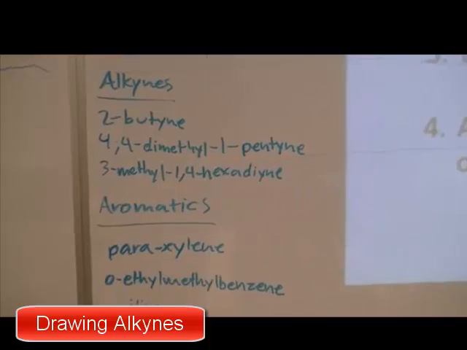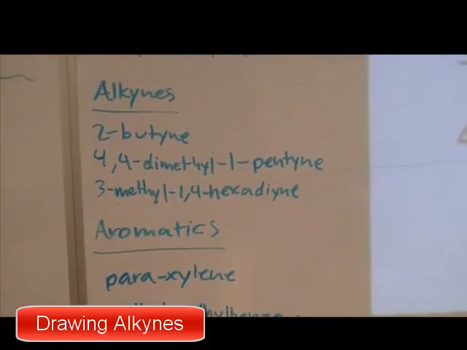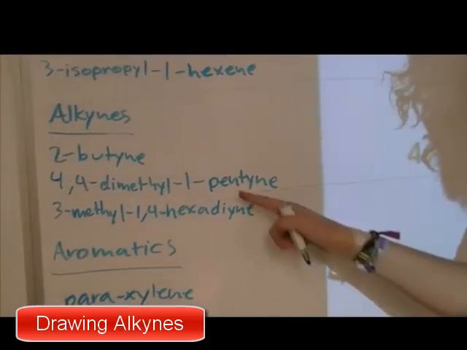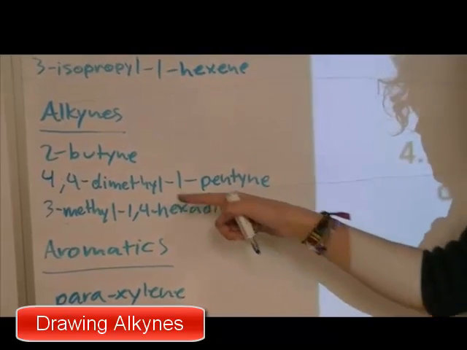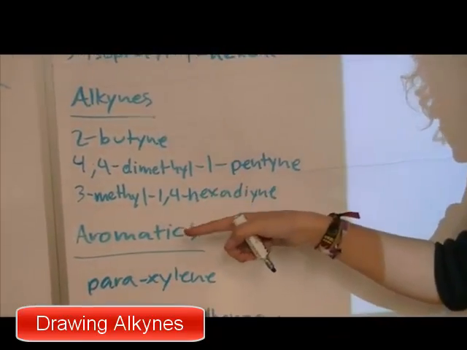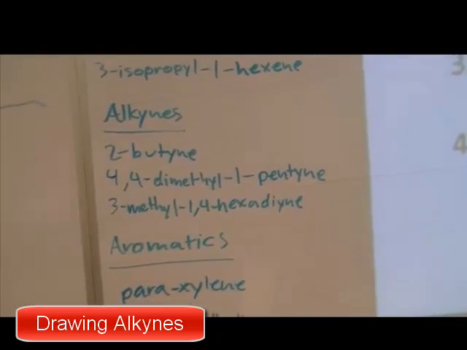The second one will be the 4,4-dimethyl-1-pentyne. It's a carbon chain of 5 hydrocarbons with 2 methyls in the place number 4.